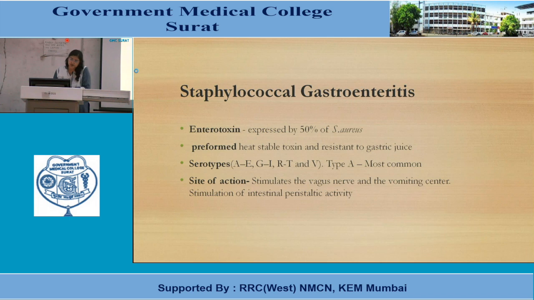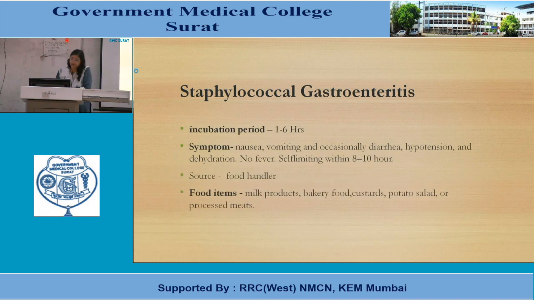Then sometimes fever and hypotension occur. The incubation period of staphylococcal gastroenteritis is very short. Rather, it is the shortest of all types of food poisoning. The incubation period is only 1 to 6 hours because the preformed toxin is ingested in the food. The most common symptoms, as I told you, are nausea, vomiting, occasionally diarrhea, hypotension and dehydration, no fever.